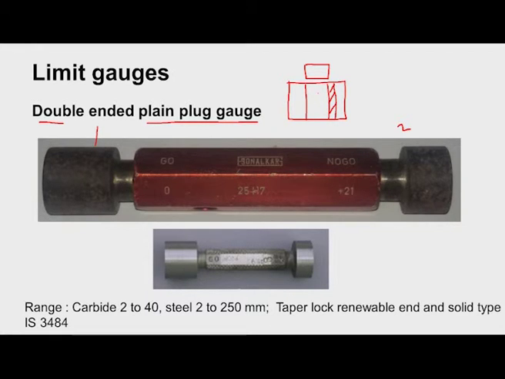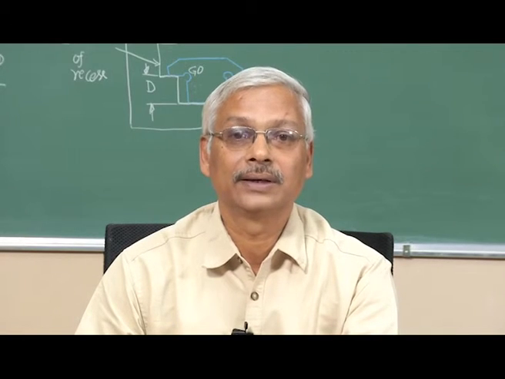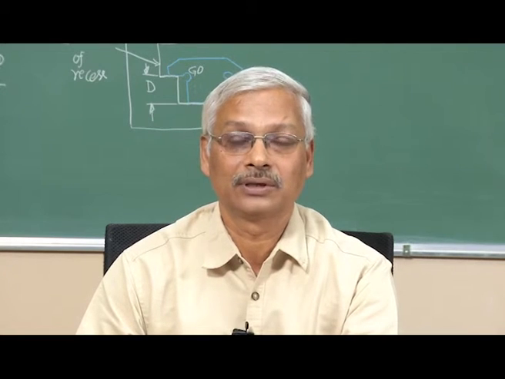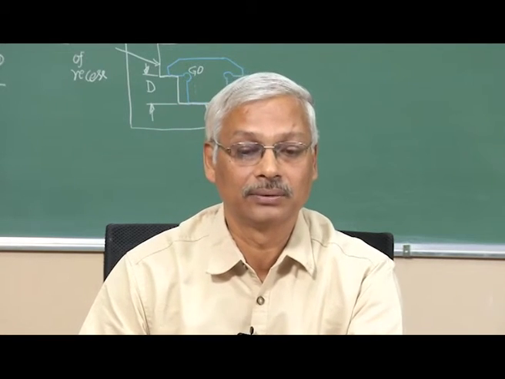When it enters, we remove it and then we try to insert the no go side into the hole. No go should not enter into the hole. Now, we can see here no go is slightly greater than the upper limit. So, this no go will not enter. That means when go enters into the hole and no go does not enter, then that hole is acceptable, that workpiece with that particular hole is acceptable.